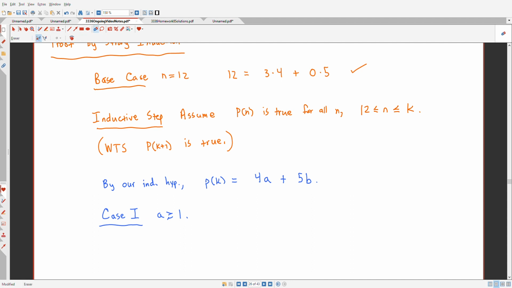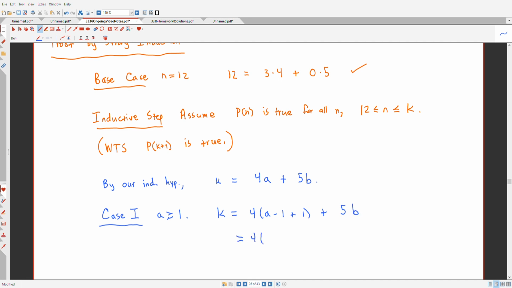So up ahead it says by our inductive hypothesis, k cents of postage can be achieved using some 4-cent stamps and some 5-cent stamps. Sorry about that. So suppose that the k cents of postage can be written using at least 1 4-cent stamp and some other number of 5-cent stamps. Then this allows me to write k as 4 times (a minus 1) plus 1 plus 5 times b.